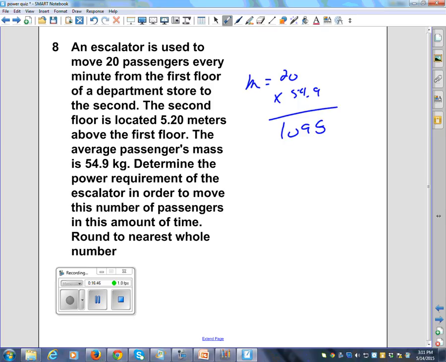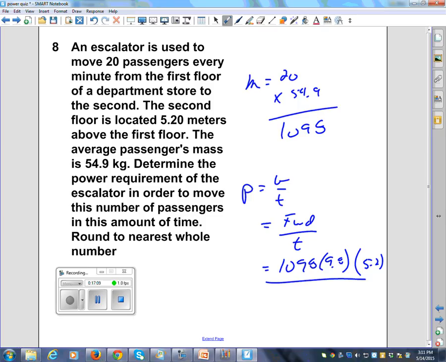We're looking for power. Power is work divided by time. In this case, it's the weight force times the distance divided by time. So it's going to be mass times gravity. So 1098 times 9.8. The distance traveled is 5.2 meters. And it has to happen every minute, right?